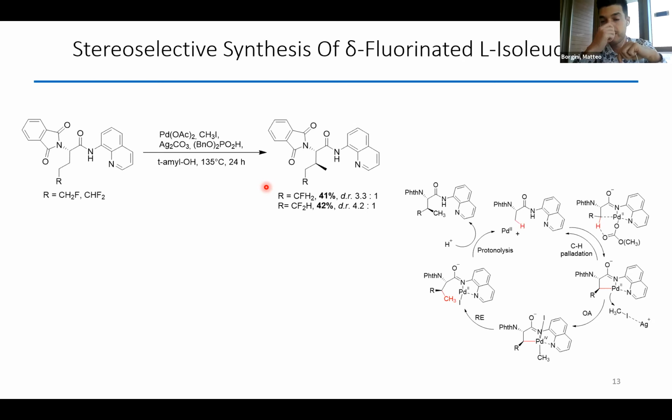We don't know yet. Probably there is an interaction between the fluorine group and the palladium, but we are currently running different experiments as well as different computational studies, and we still don't have an answer for that.